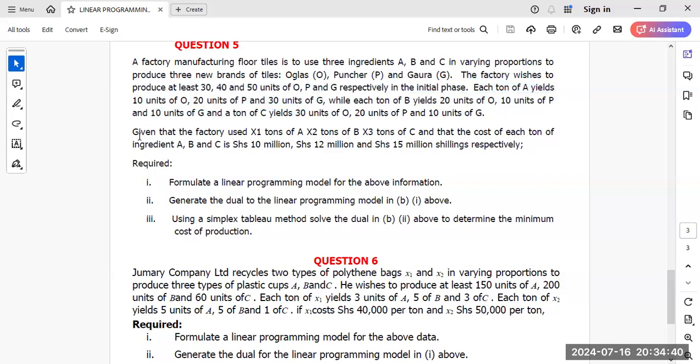Then the next one, they are telling us that the factory used x1 tons of A. Are you seeing that?